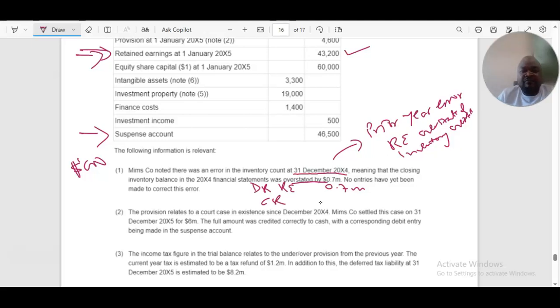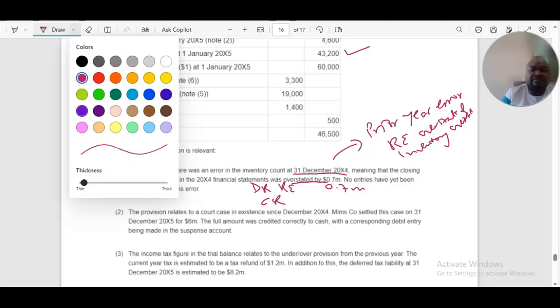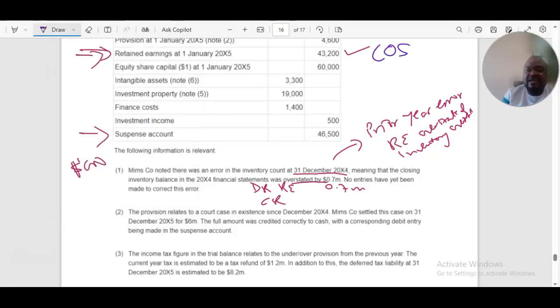I want you to appreciate one thing, ladies and gentlemen, that if we are talking of closing inventory, we are actually playing in an account called cost of sales. That's where we find this closing inventory issue.